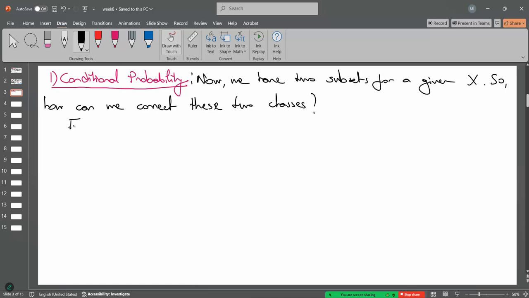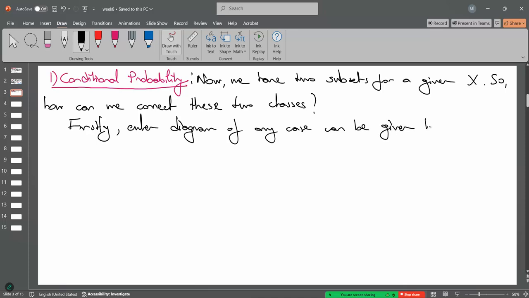Firstly, in order to understand the conditional probability, we need to talk about the Euler diagram of any case. It can be given with this general notation. Just like in the previous section, we can call it the omega in here.